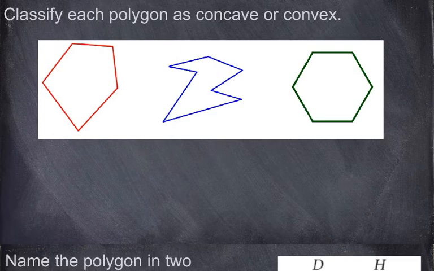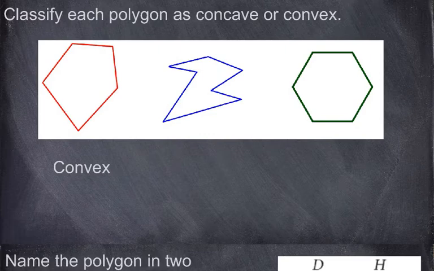Notice there's no segment outside when you connect points. So let's take this point right here. If I were to go across to any of these endpoints, none of those segments are going to be outside of the shape. Therefore, this first one is convex, okay, because you cannot create a line segment on the outside.